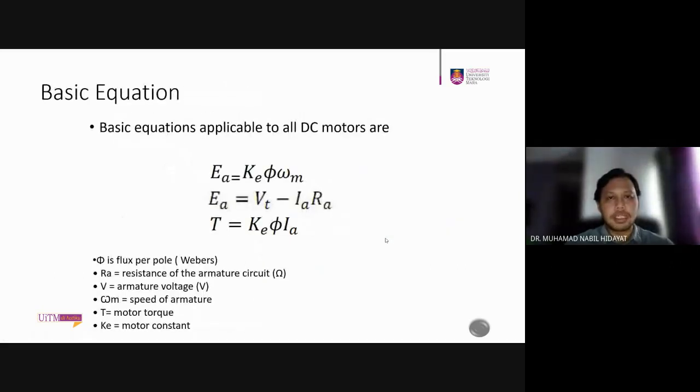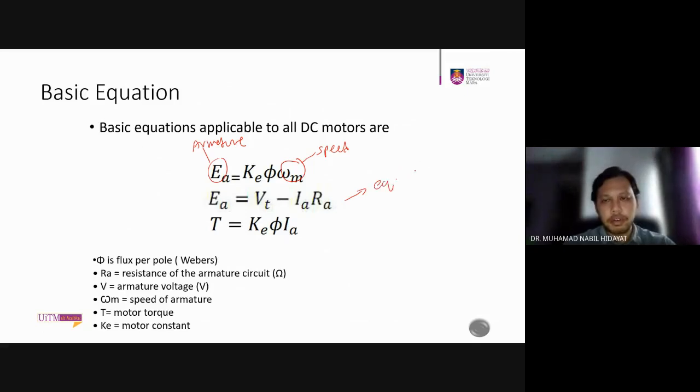The basic equations applicable to all DC motors, the three important equations that you need to memorize: the armature voltage EA equals KE flux omega m, the relationship between your speed and your armature voltage according to your equivalent circuit.